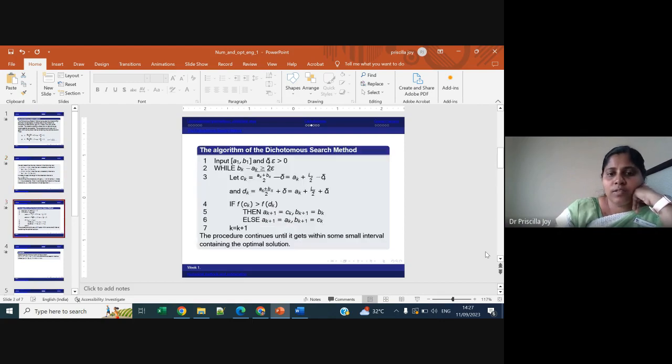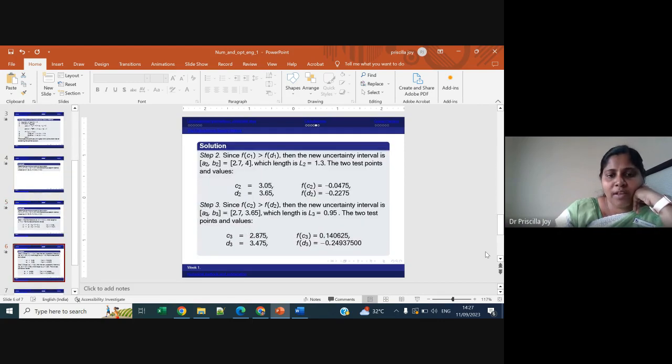Then in the next step, we again need to find whether f of C2 is greater than f of D2, or else less than or equal to. So here we check whether f of C2 is greater than f of D2.